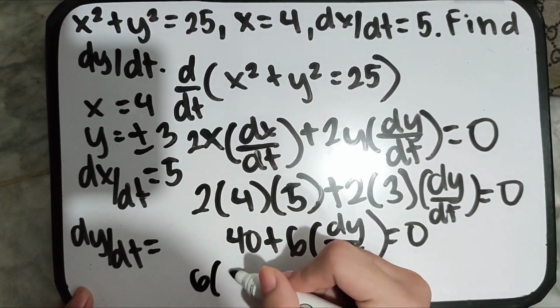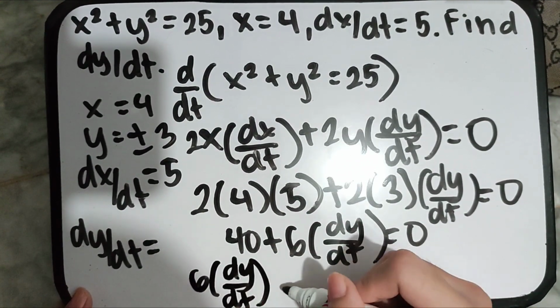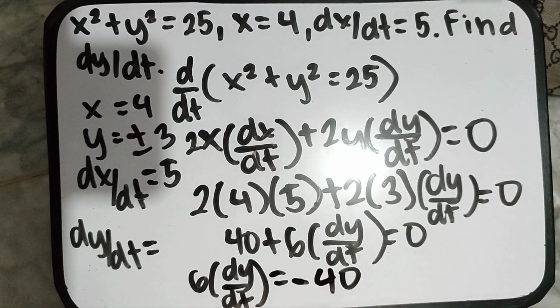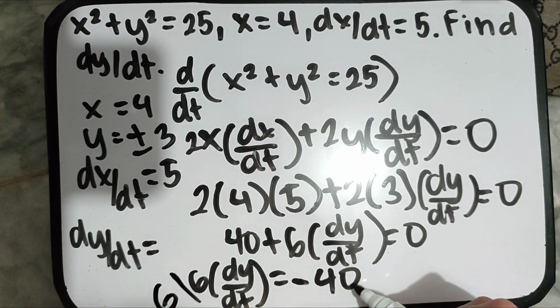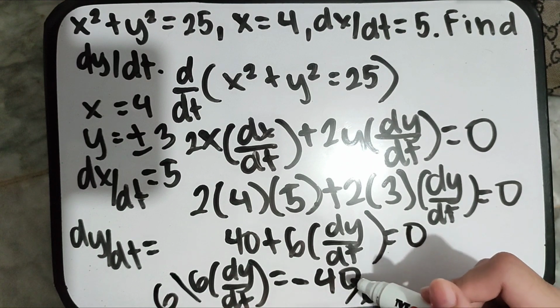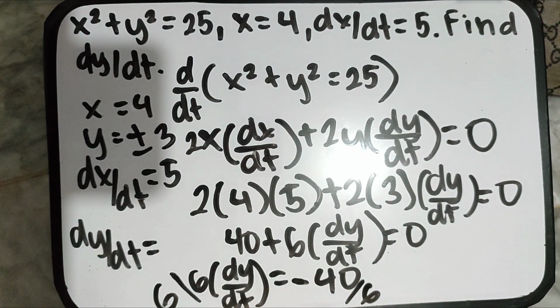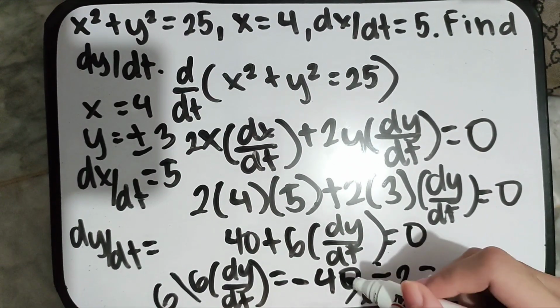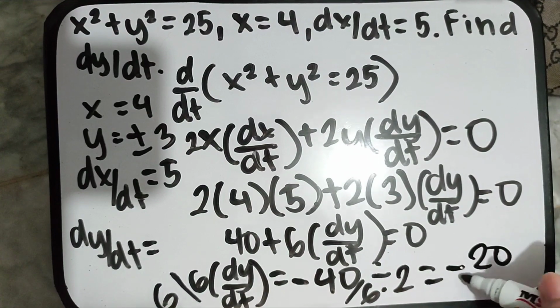So 6 dy over dt is equal to negative 40. Now let's divide both sides by 6 so we can cancel the 6 here. Negative 40 is indivisible by 6, so we'll divide both sides by 2, it will be negative 20 over 3. So the dy over dt of the positive value of y, or the dy over dt of positive 3, is negative 20 over 3.